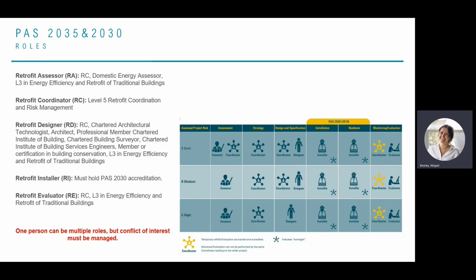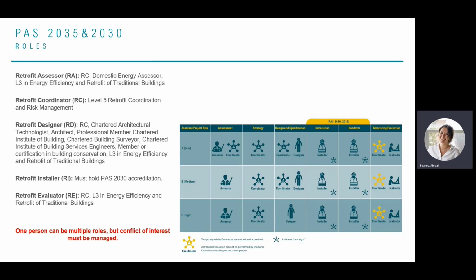So the third role is the retrofit designer. Retrofit designers can come from multiple different professional backgrounds. So you've got architectural technologists, architects, building surveyors, Chartered Institute of Building professional members, and again, the level 3 in energy efficiency retrofit of traditional buildings.